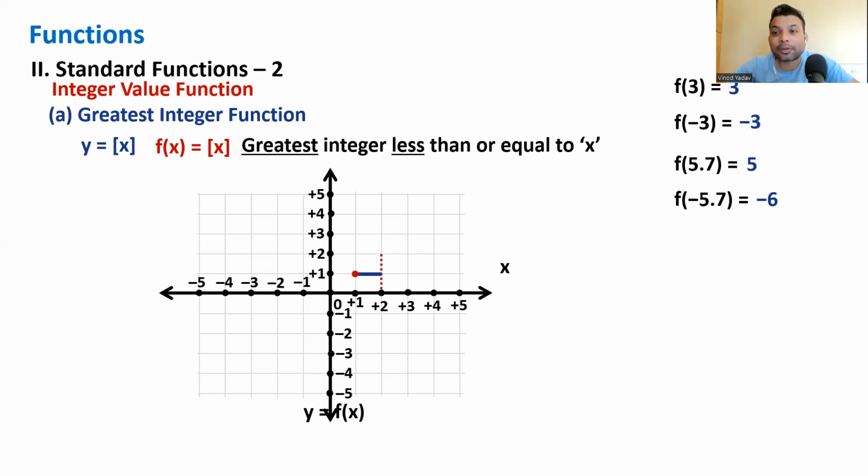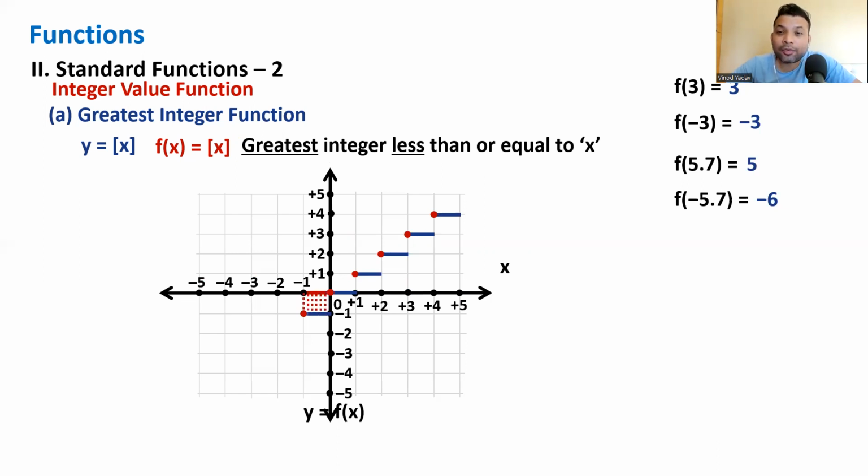The next step you see is going to be like a ladder. So at 2, y is 2, and from 2 up to 2.99, the output will always be the integer 2, right? So it moves in this manner. Similarly, for the next set of numbers, the output will be 3. At 4, it will jump to 4. It will remain 4 till x is 4.99999 and so on.